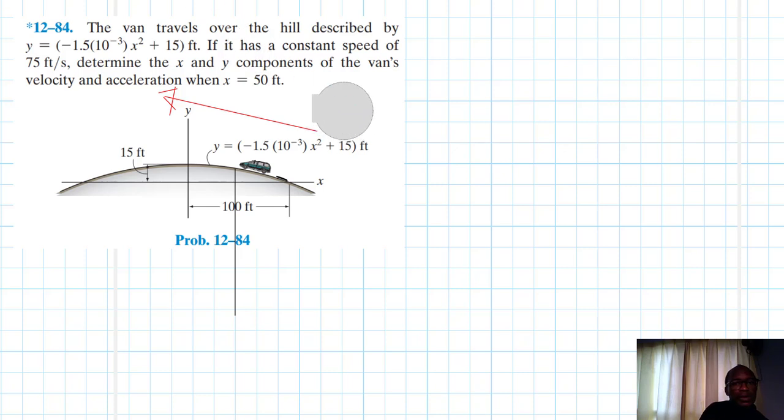So let's say we have our velocity in that direction, right? And velocity in a curvilinear motion is always tangential.